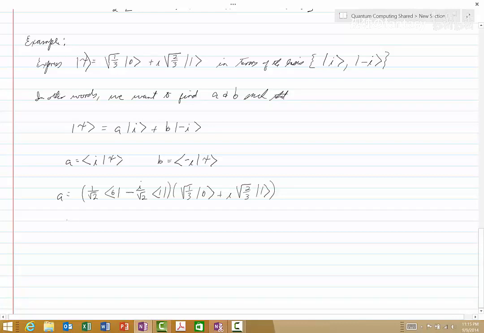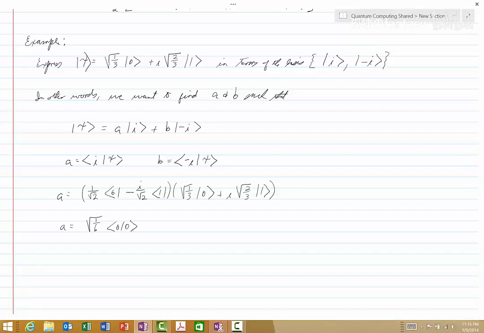And therefore, A is equal to square root of 1/6 0 0, and then really the 0 1 and 1 0 terms we can drop out. We don't even have to worry about those because we know we get 0.